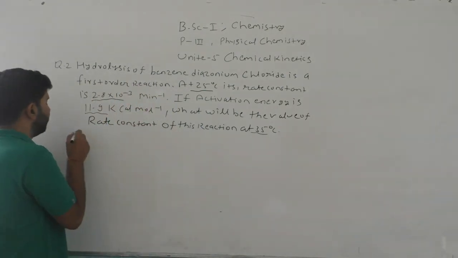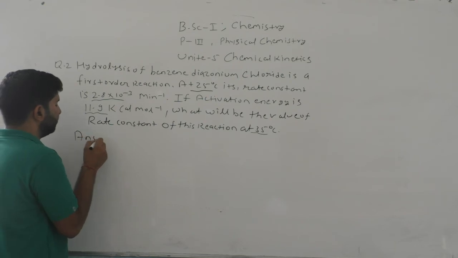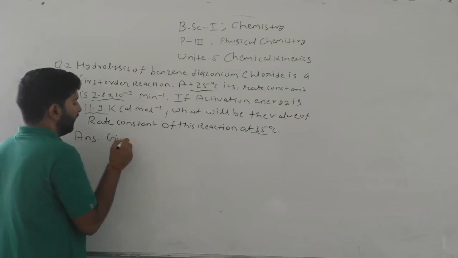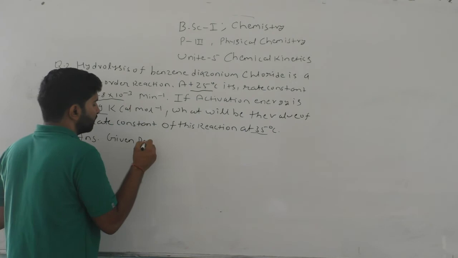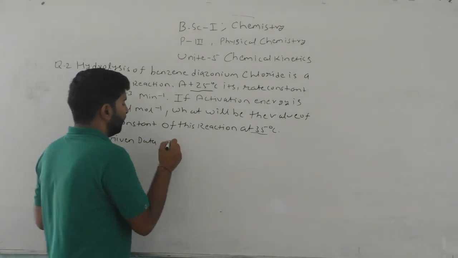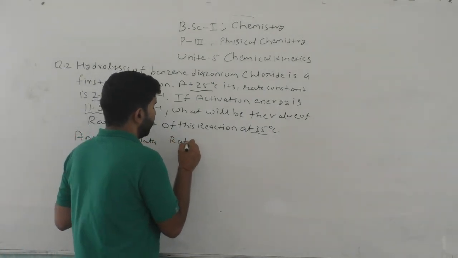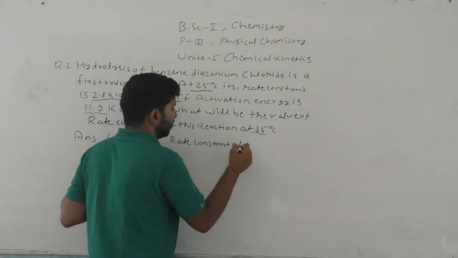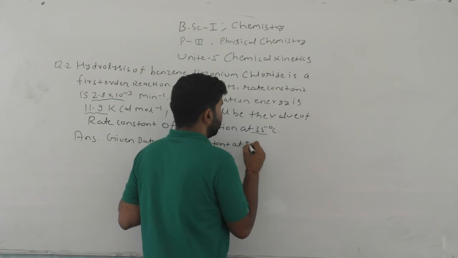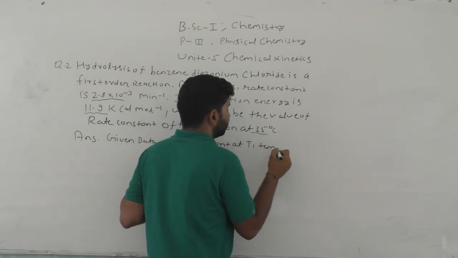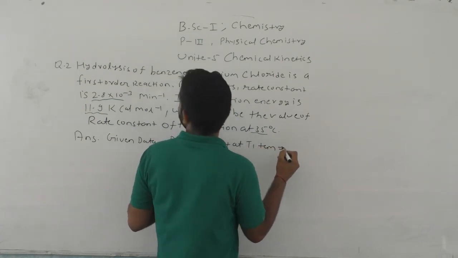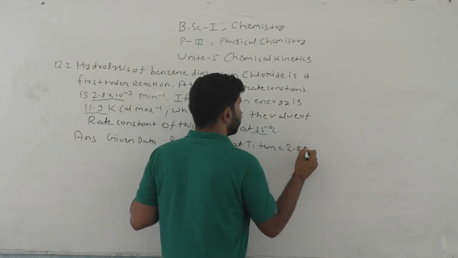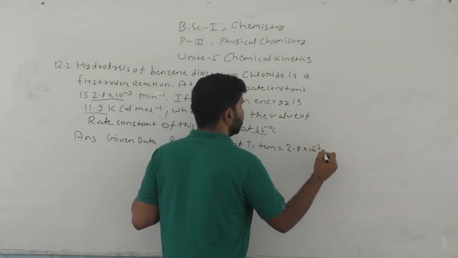So, again we write the answer. Given data: first, rate constant at T1 temperature equals 2.8 × 10^-3 minute inverse.